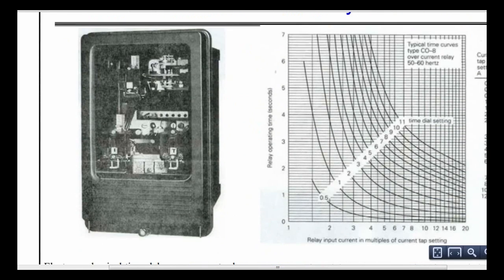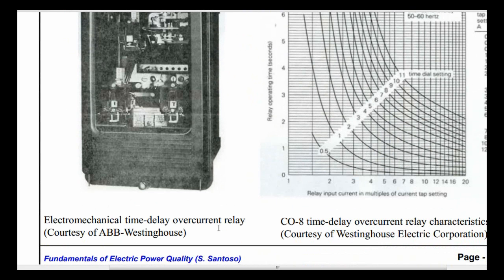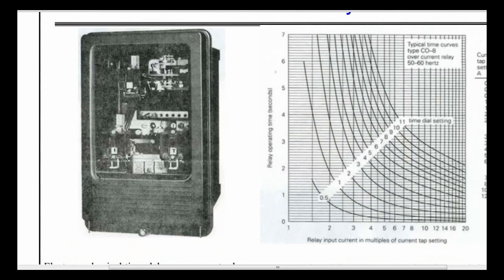So this is a typical electromechanical time delay overcurrent relay by ABB Westinghouse. We have a current tap setting in amperes, between 0.5 up to 12, and then we have the time dial setting, which is the curve between the relay input current in multiples of the current tap setting, and the relay operating time in seconds.